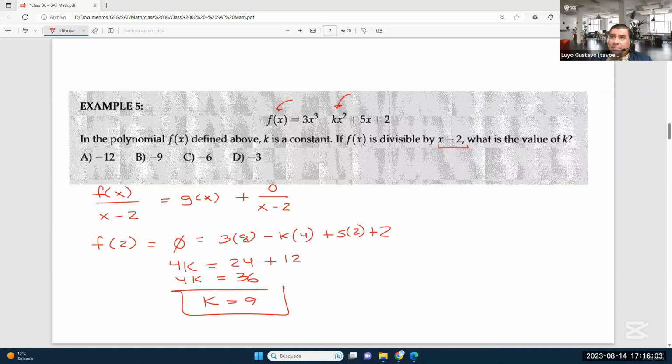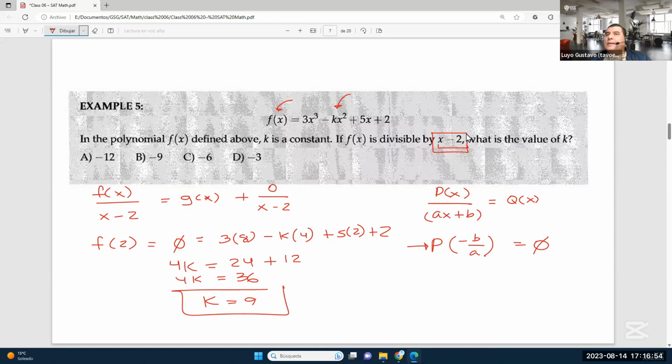Remember, when a polynomial is divisible by a binomial of this form, then if you evaluate the polynomial in that very value, in other words, if they tell you that p of x is divisible by ax plus b, if you obtain this when you do the division, then if you evaluate p in the value negative b over a, the value that makes the divisor 0, then the output of this polynomial should be 0, according to the remainder theorem.